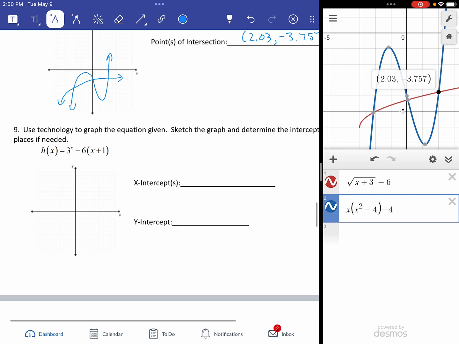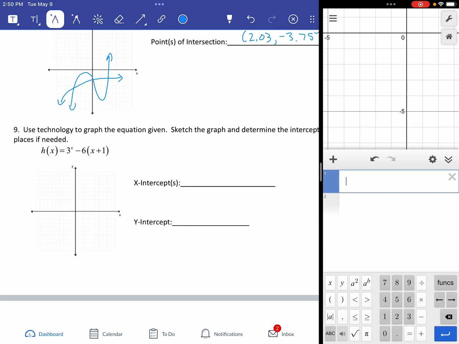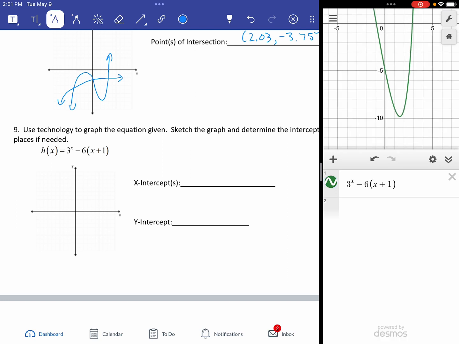Okay. All right, so that one's done. Next, I have a new equation down here. I have 3 to the x power minus 6 times x plus 1. Okay, let's look at the graph. It's a little bit skewed, so it looks a bit like this.